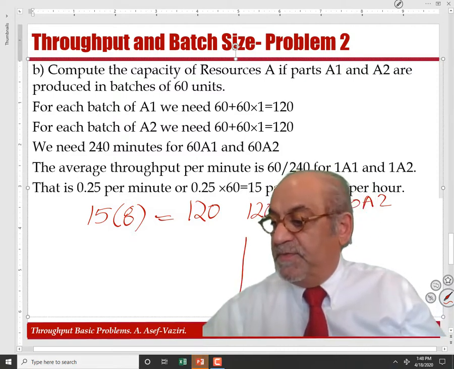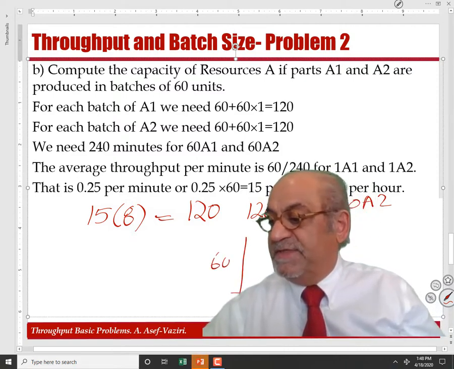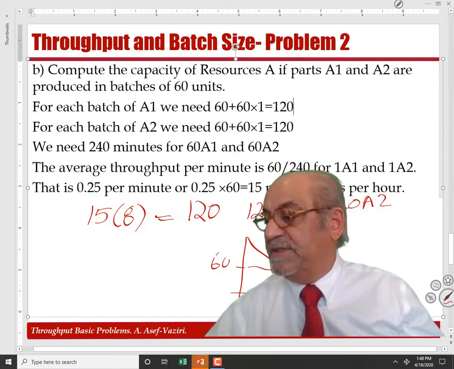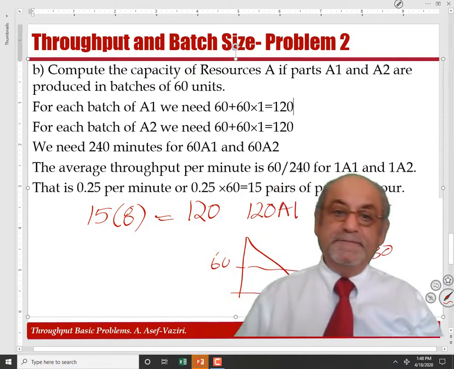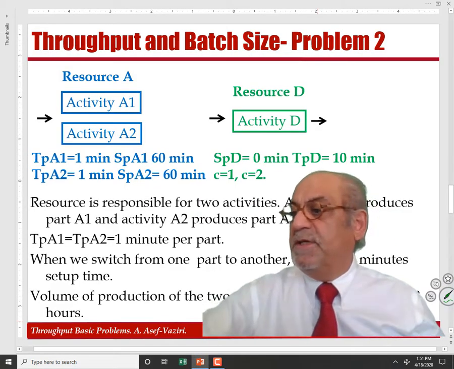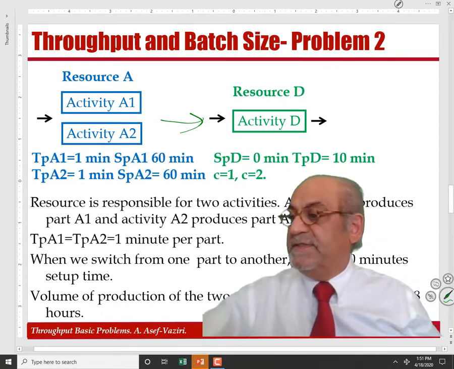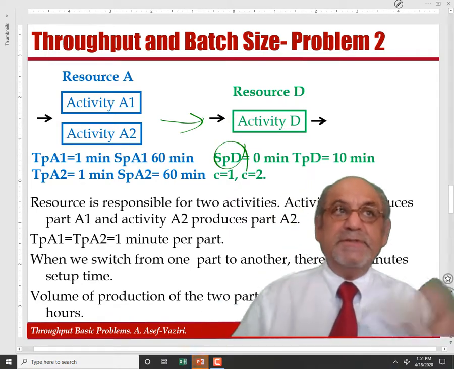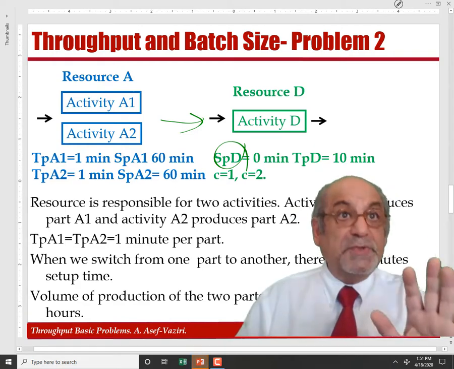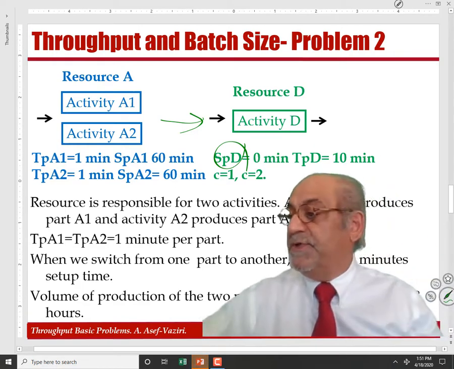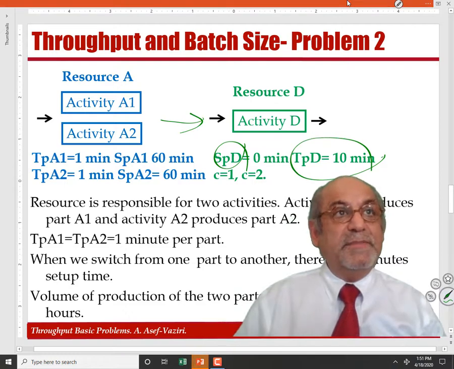And because you are producing in batches of 60, average inventory of each product would be 60 divided by 2, which is 30. Suppose these parts go to resource D. Setup time of resource pool D is 0, suppose. Production time is 10 minutes.